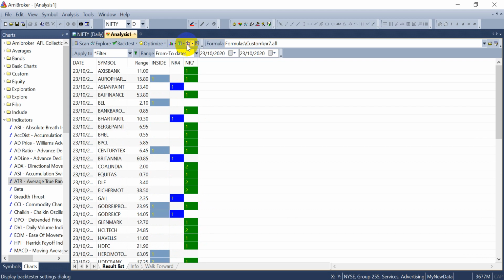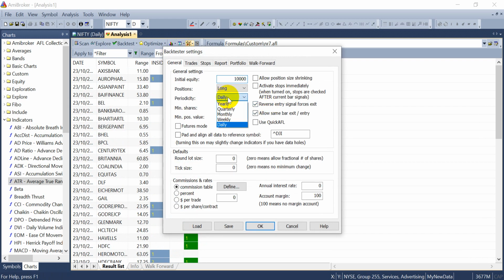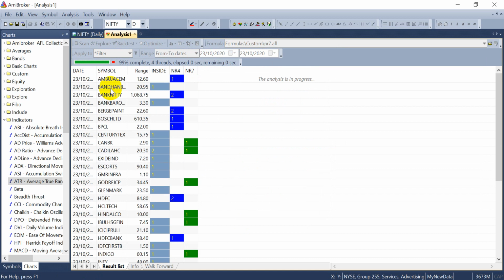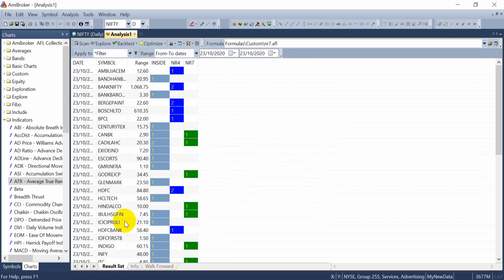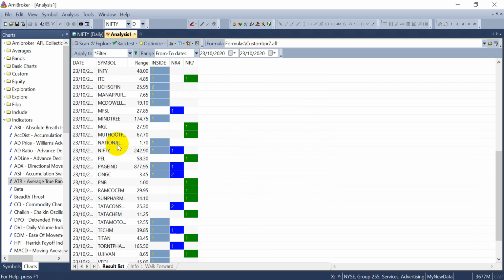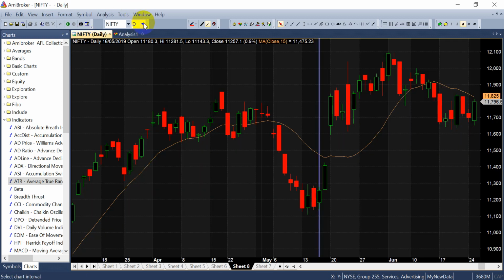Now, if I want to run this analysis on a weekly chart, weekly will give me bigger swing trades. On weekly, I am getting this particular setup for Nifty, inside bar with NR4. A very interesting setup.